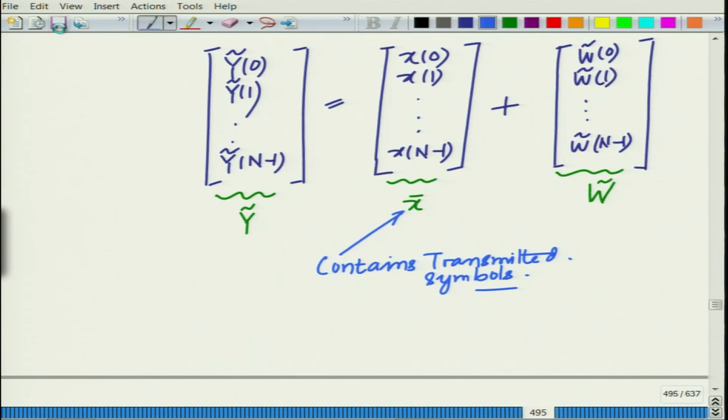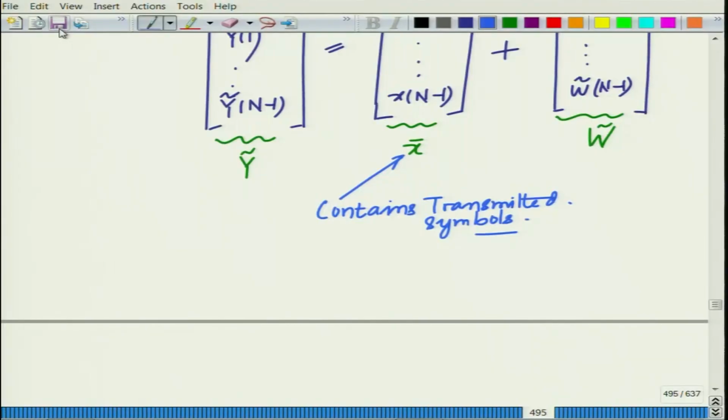So, essentially what you are doing is transmitting the time domain symbols themselves, and because of the IFFT FFT operations you are performing the equalization in the frequency domain. Look at this: at the receiver you are doing the FFT followed by the equalization followed by the IFFT. So, equalization is done in the frequency domain. This is also roughly known as frequency domain equalization.